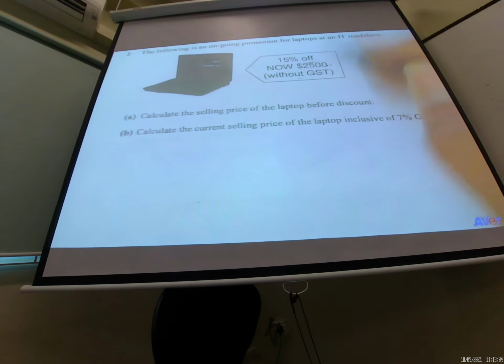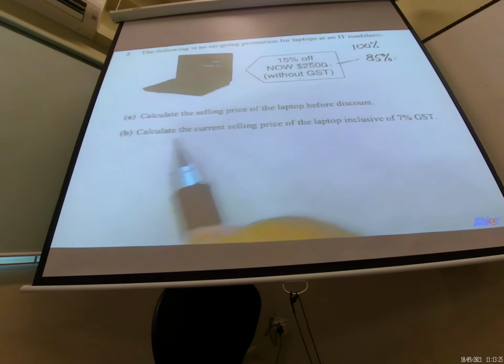The original price should be 100%, right? So this is already 15% off, meaning this 2,500 is actually 85% of its original price. 15% off from 100%, so this 2,500 is actually 85%.